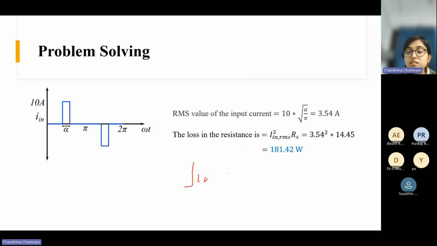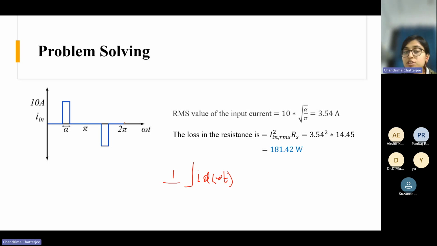Suppose this is I and this is d omega t, and here you have 1 by 2 pi.